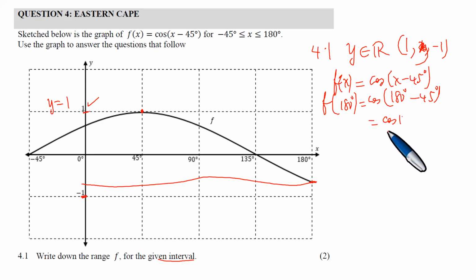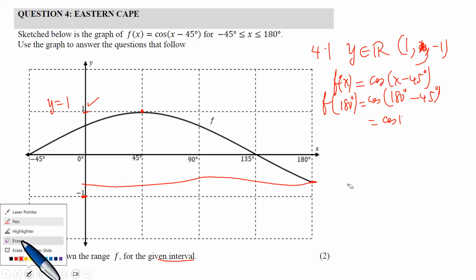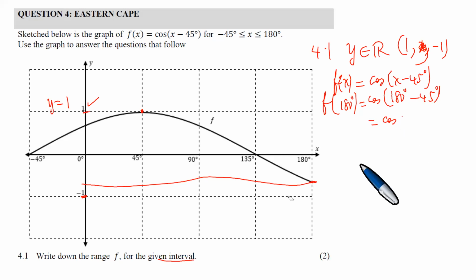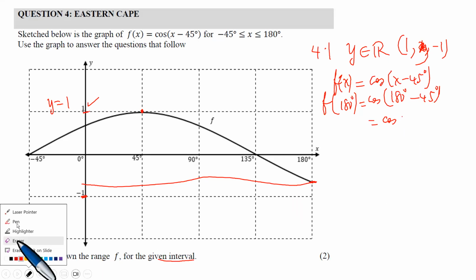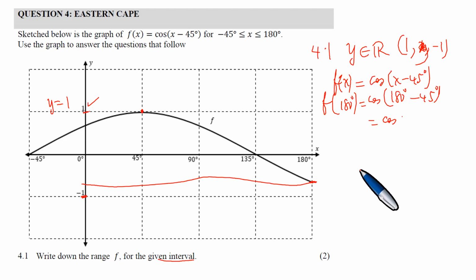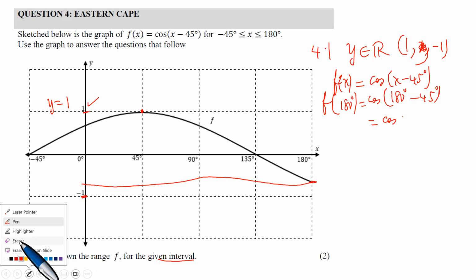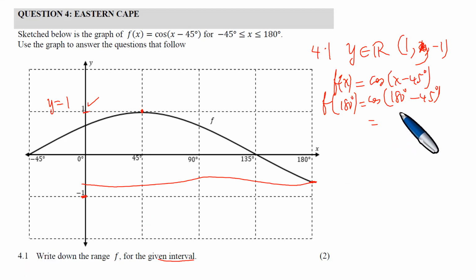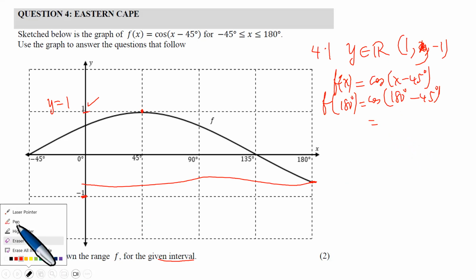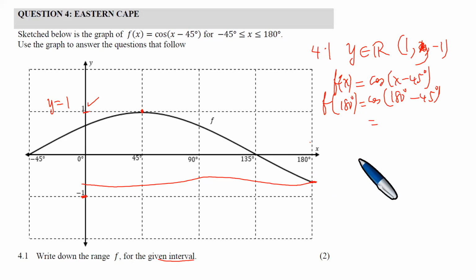Okay, we don't even need to subtract the two, because we can just use the reduction formulae. Right. So in which quadrant is 180 minus 45? It is the second quadrant, and the cosine is negative there, but we just therefore write negative cosine of 45 degrees. So it's negative cosine of 45 degrees. What is this? Which is minus the square root of 2 over 2. You can write like that.